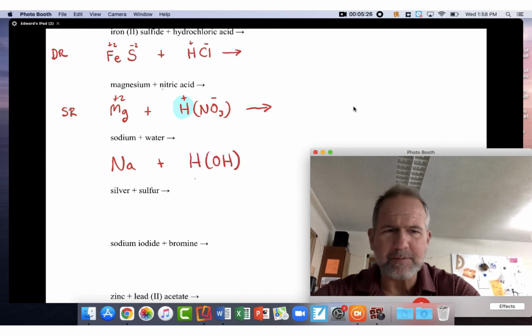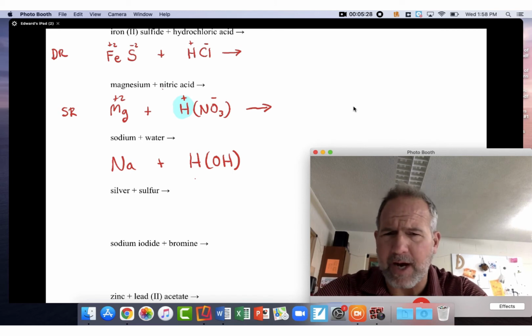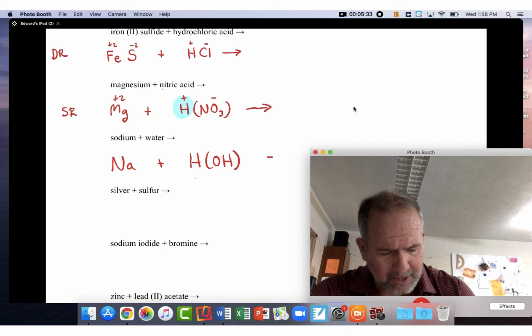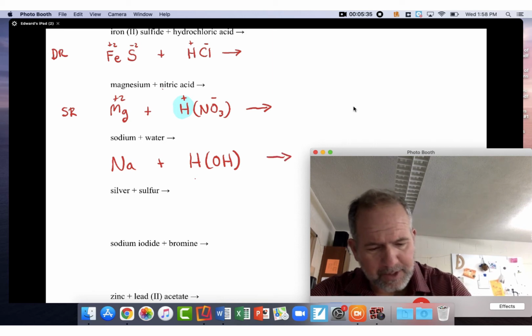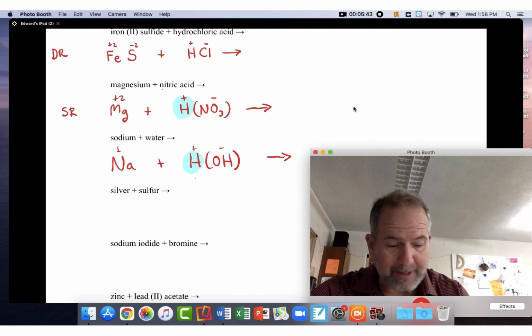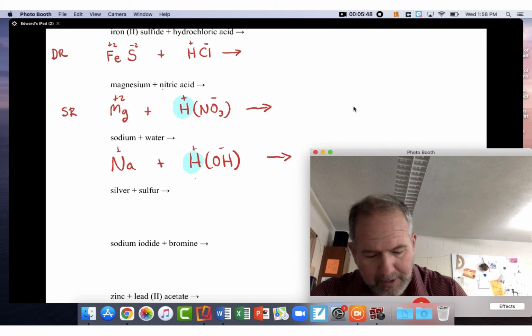The sodium doesn't take away both of the hydrogens. It just takes one of them away, and it forms sodium hydroxide and H2. And again, be careful. Single replacement reaction, that H is going to be by itself. Let's put those charges up here for everybody. And so that H is going to be by itself, so it's going to end up being H2 out here, right? Diatomic. And that's a single replacement.